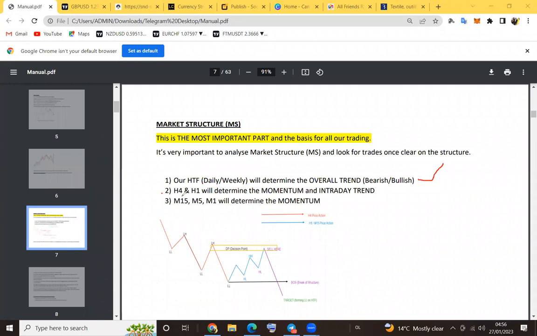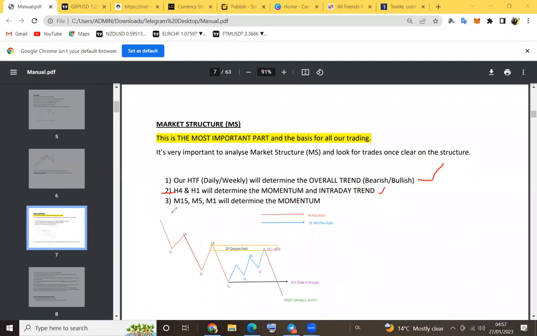Secondly, H4 and 1 hour will determine the momentum and the intraday trend. So those who are trading the intraday trend, after you have found out the overall trend on the daily or the weekly time frame, you can use the 4 hour chart to make good trading decisions for that day, grabbing impulses and corrections.